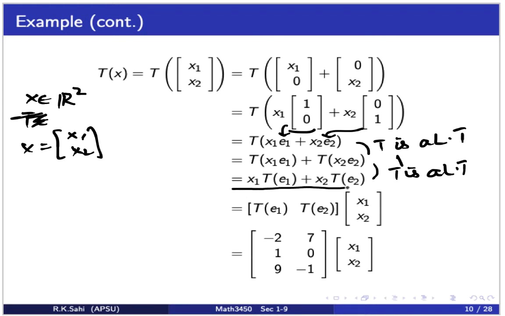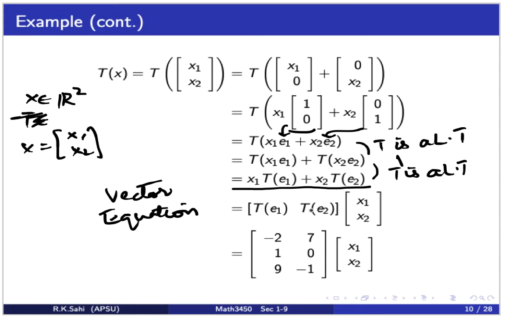Guys, this is a vector equation where the vectors are T of E1 and T of E2, and x1 and x2 are written together in vector form. That's an element x, so I have an arbitrary element x.